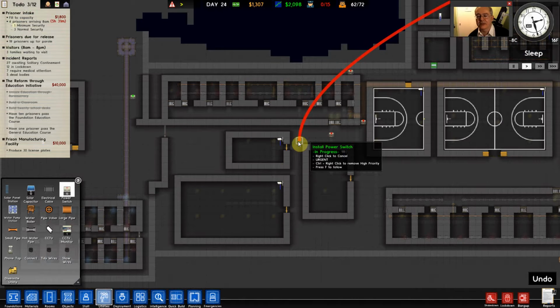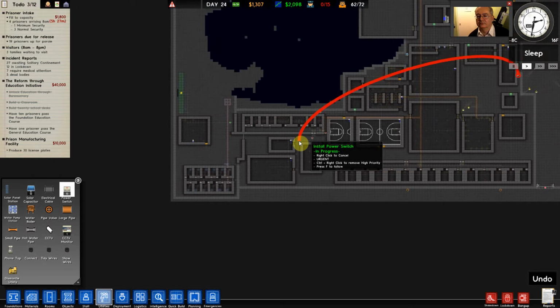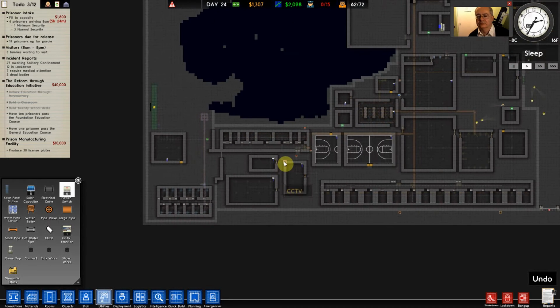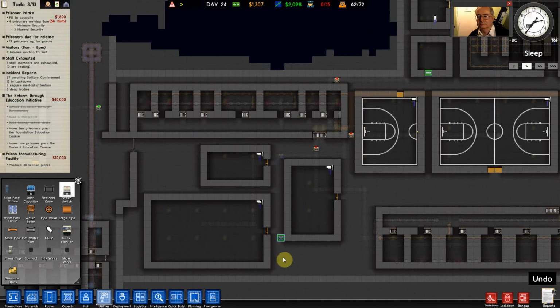High priority. Here comes the guy with the capacitor. So I can switch things on bit by bit as I add more capacitors.